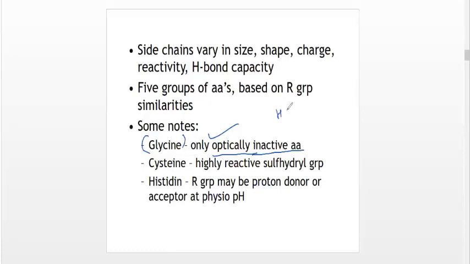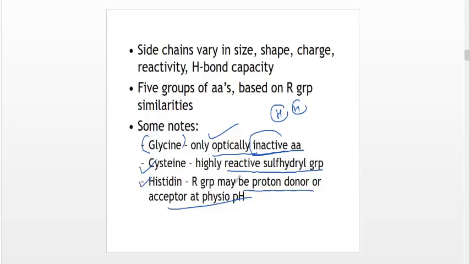Yes, and that's why 2 hydrogen are there, and that's why this is not a chiral group. Okay, not having the chiral center. That's why they are optically inactive. This is a single amino acid which is optically inactive. Rest all are optically active. So cysteine are specific in having the SS group. Yesterday we have discussed the histidine R group may be proton donor or acceptor at physiological pH.